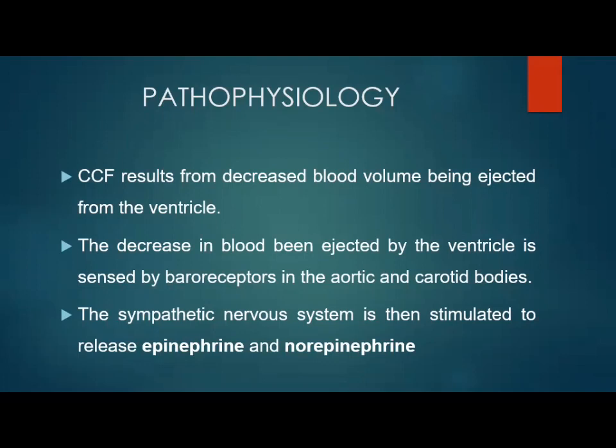When the pressure drops, they sense that there is reduced blood flow. When this happens, the sympathetic nervous system is stimulated to release epinephrine and norepinephrine. These are the two hormones released due to the lowered pressure sensed by the baroreceptors.